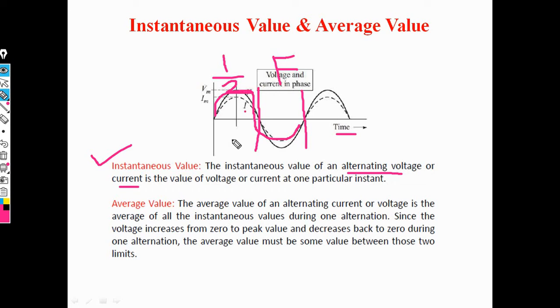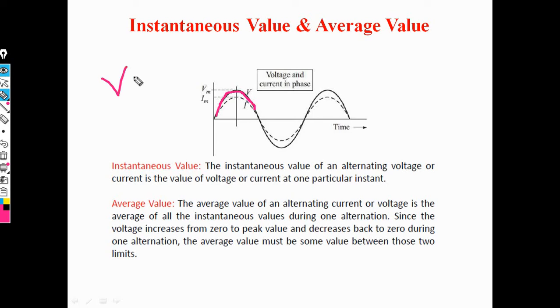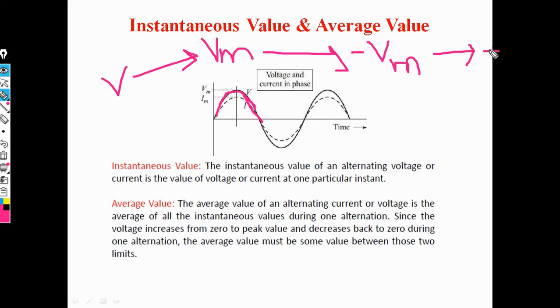Considering voltage, initially the voltage increases to a certain point, Vm. After Vm the voltage decreases, then decreases to minus Vm, and then again increases to plus Vm.